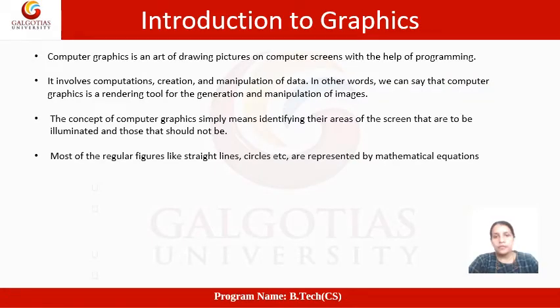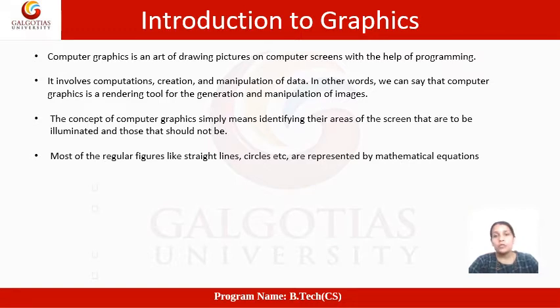Computer graphics is an art of drawing pictures on a computer screen with the help of programming, and it involves the computation, creation, and manipulation of data. In other words, we can say that computer graphics is a rendering tool for the generation and manipulation of images.